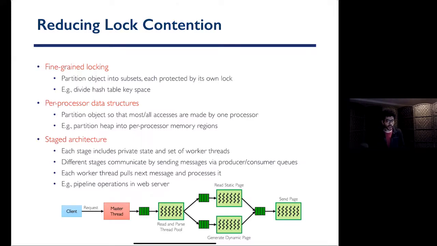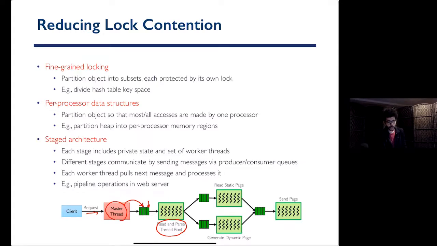Here, all the requests come to this master thread. A master thread creates different requests, let's say this is a web application. Now I have a pool of threads, each one of them gets a message and deals with that message.